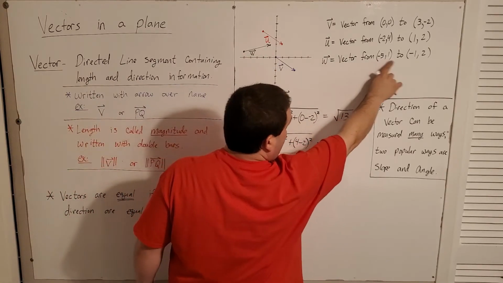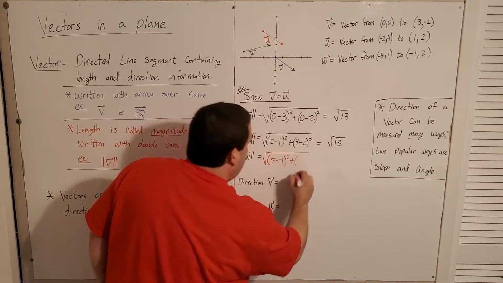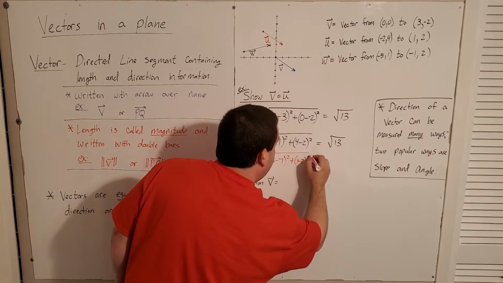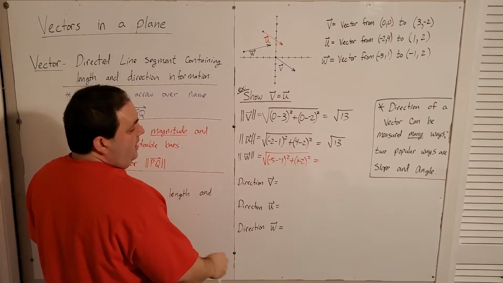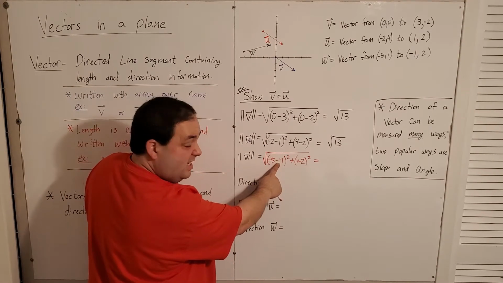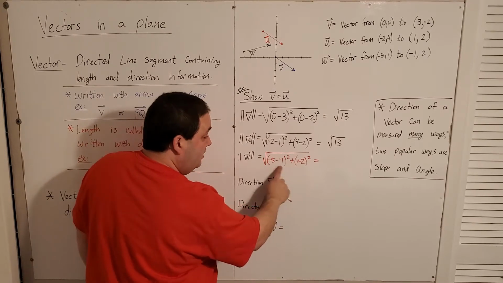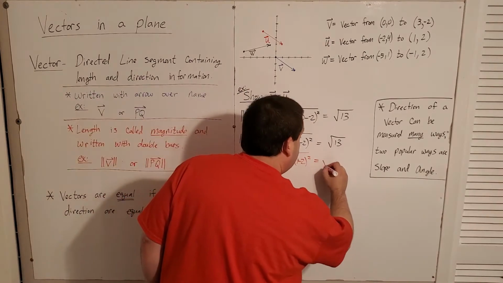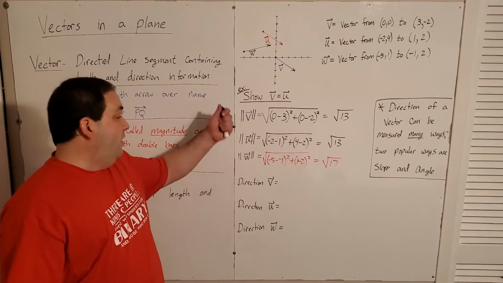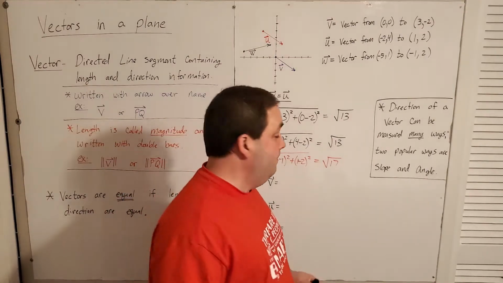That's going to be -5 minus -1 squared plus 1 minus 2 squared, which is going to be equal to, I've got -5 plus 1 is -4, squared is 16, plus 1 minus 2 is -1, squared is 1. 16 plus 1 is 17, so the square root of 17. So w is definitely not equal to the other two already, because the length is not equal.